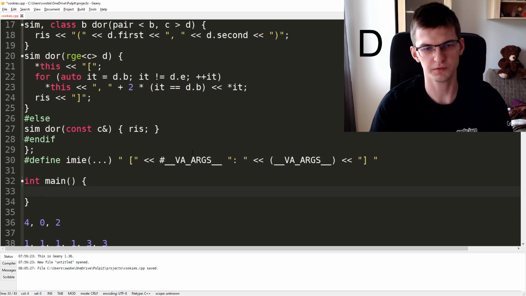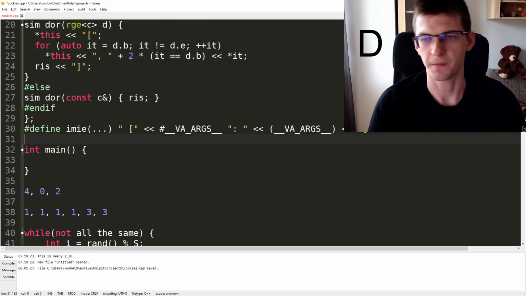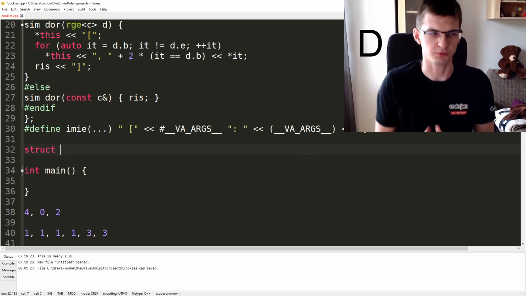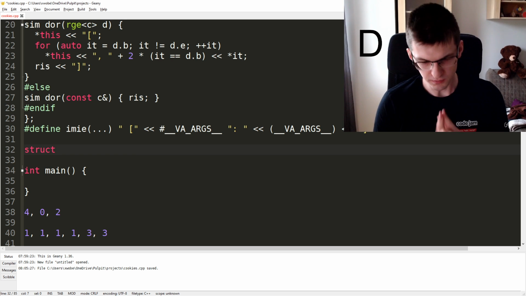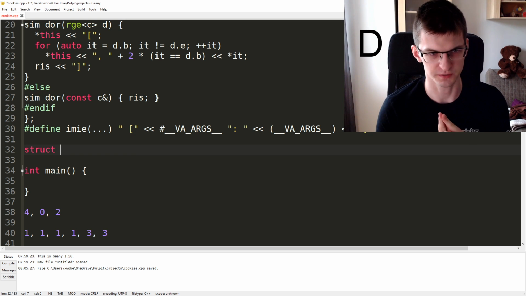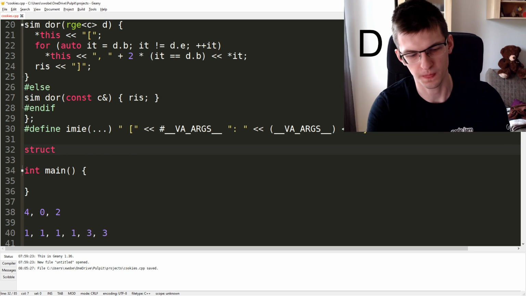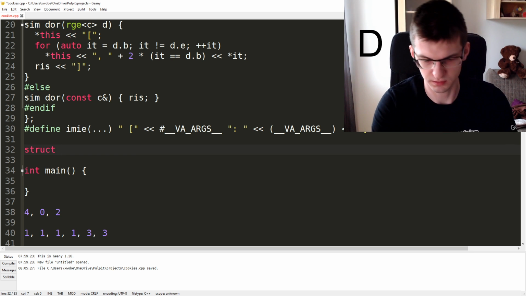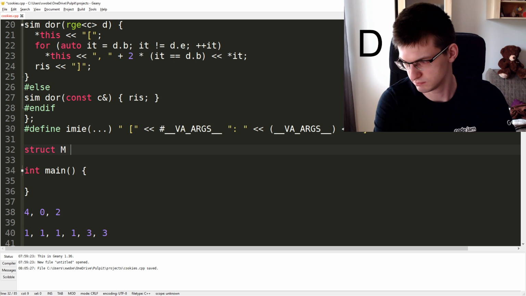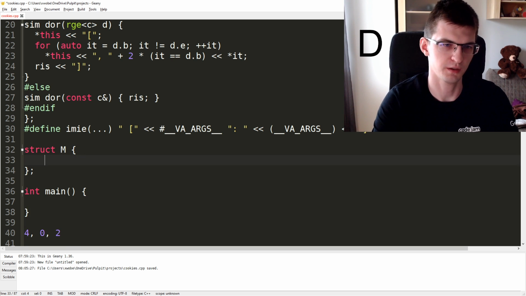What about doing it first just for... Okay, I said that I want a struct that will be able to switch between double and modular operations. Let's call it M. I think M is fine name.